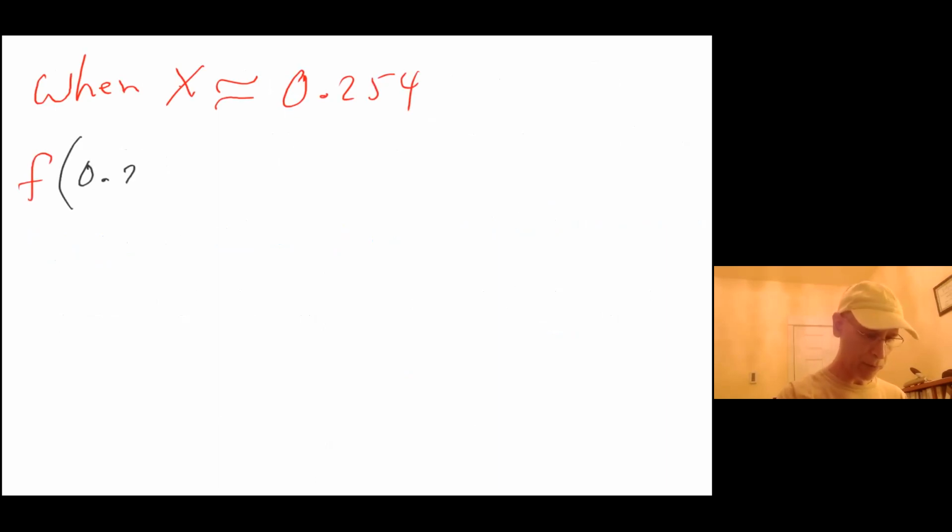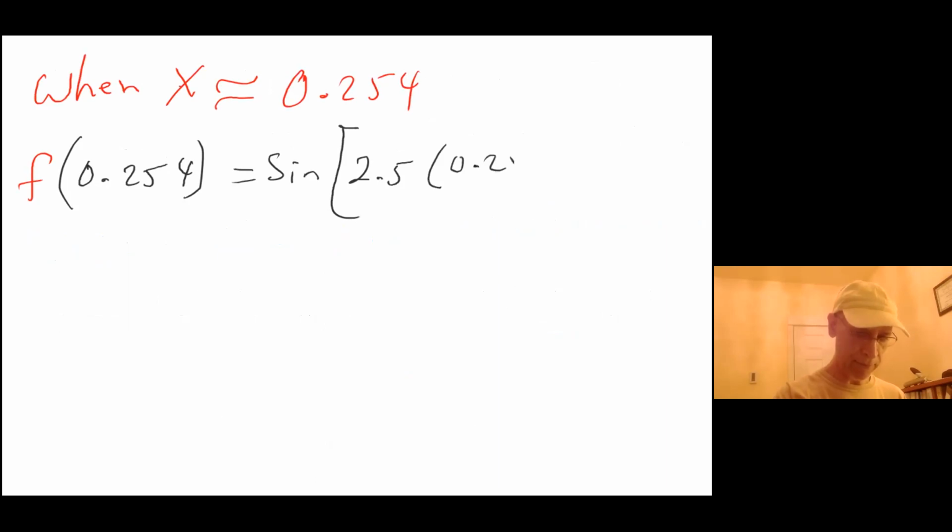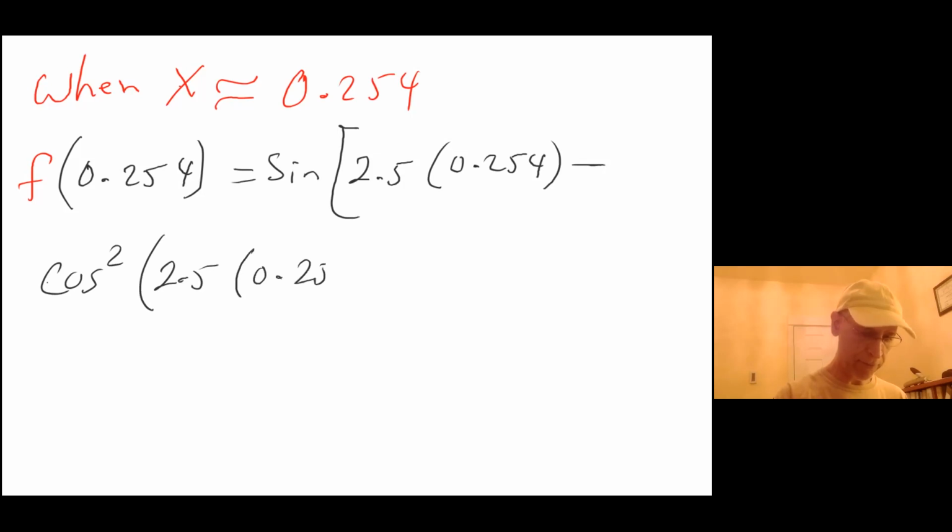So when x approximately equals 0.254, then f of 0.254 equals sine of 2.5 times 0.254 minus cosine squared of 2.5 times 0.254, and we had a plus 3 at the end.